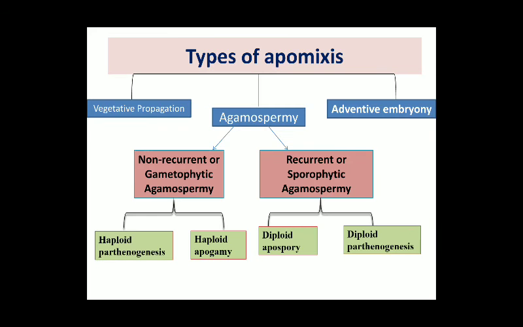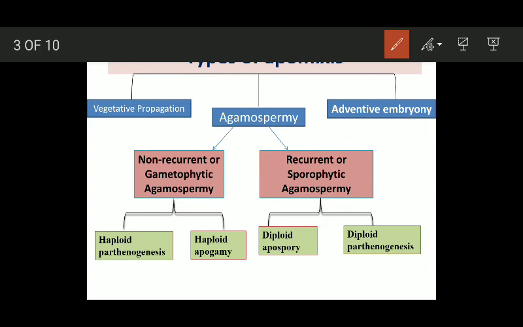Now the plants showing apomixis, they show varied types of reproduction, or you can say apomixis has been divided into three types.